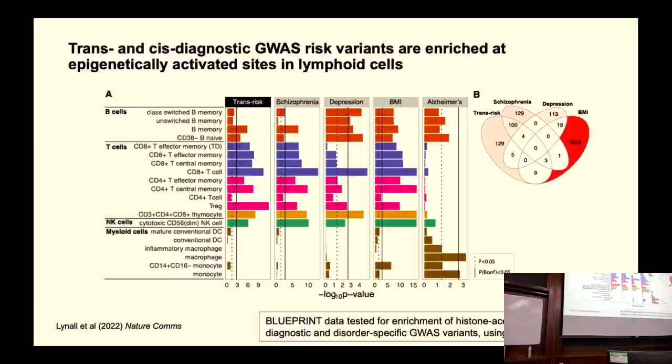She also looked at GWAS for BMI and for Alzheimer's, and you can see for trans-diagnostic risk, schizophrenia, depression, and BMI, in all cases, you've got some evidence of significant co-location of epigenetic activation with the relevant GWAS variants, whereas for Alzheimer's, it's a different story, and the risk variants are co-located with epigenetic activation in myeloid cells rather than lymphoid cells, the adaptive immune system.